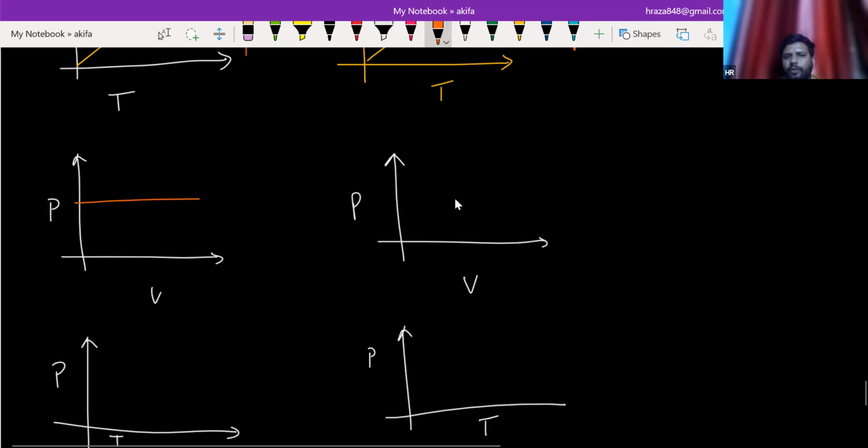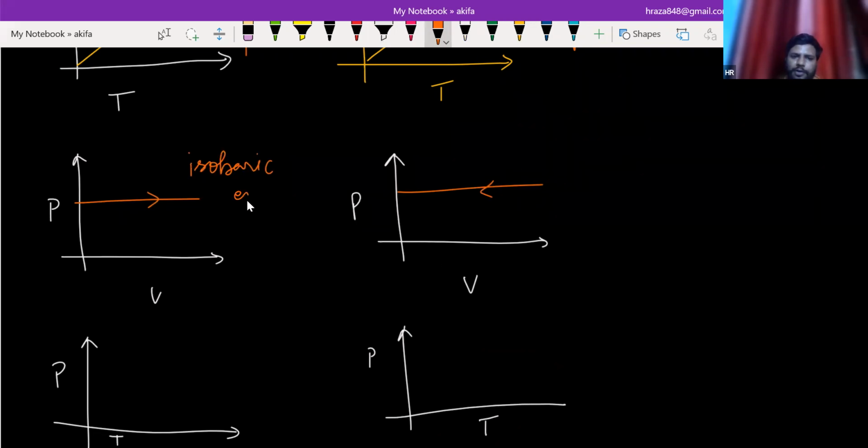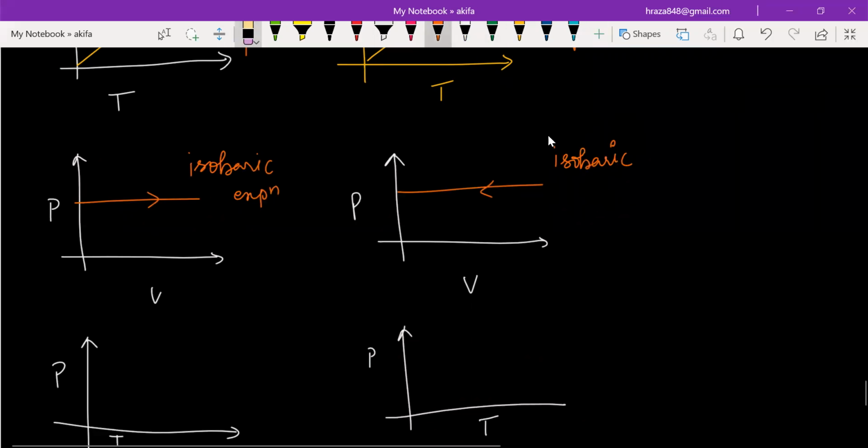Pressure is constant, so it will be like this and it will be like this. One of the graphs will be like this and one of the graphs will be like this. Pressure is constant, that means isobaric, and volume is increasing, expansion. Pressure is like this, isobaric, and volume is decreasing, that means compression. Yes or no? Yes.